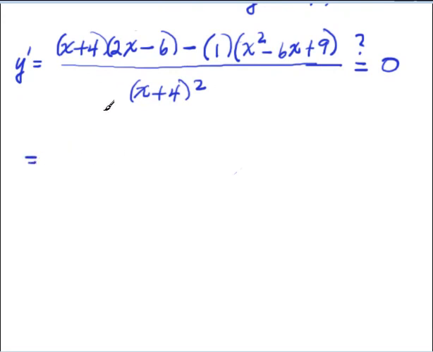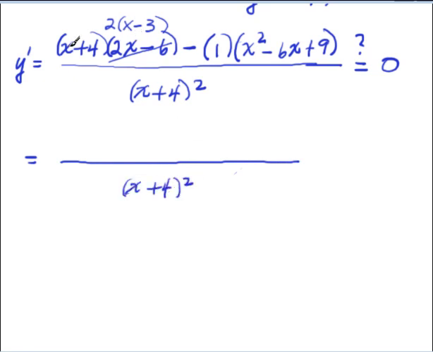Okay, so this is equal to, let me pull out a 2 here just to make this multiplication easier. This is 2 times (x minus 3), so just factoring that. Now we have x plus 4 squared. I'm going to put the 2 in front, and we multiply and we get x squared, and then 4x minus 3x, that's plus x, minus 12.